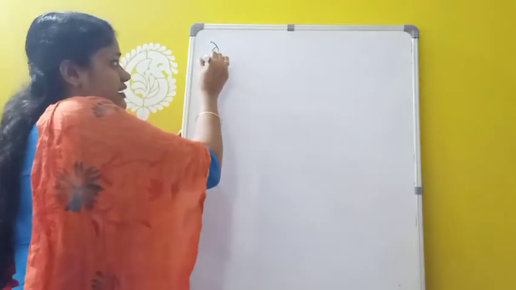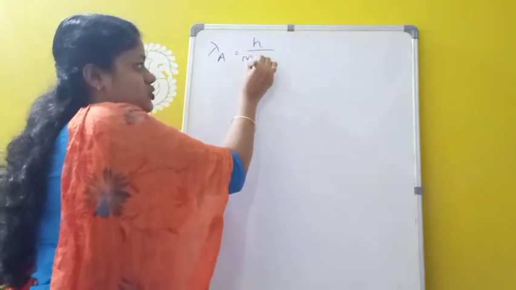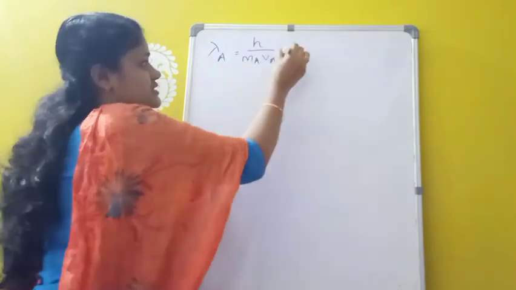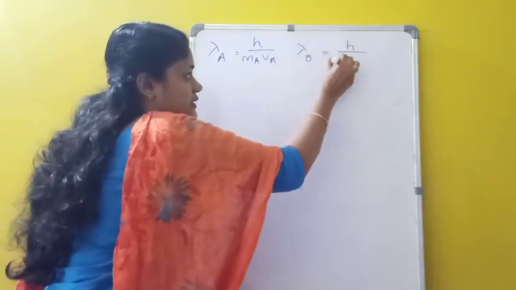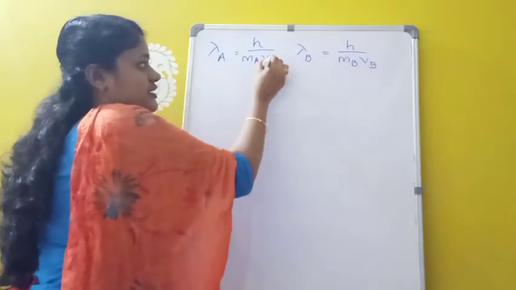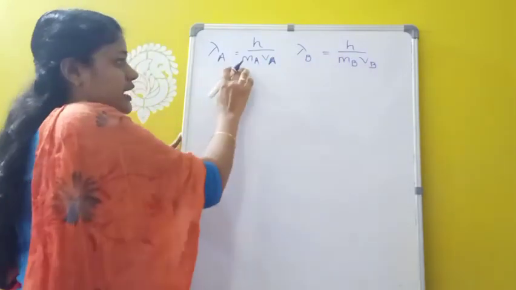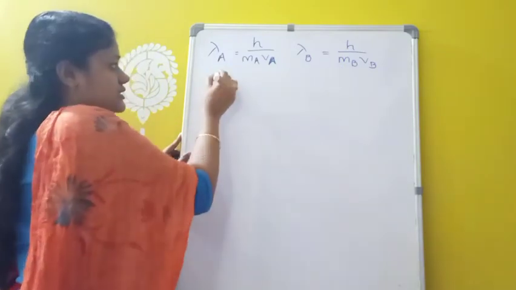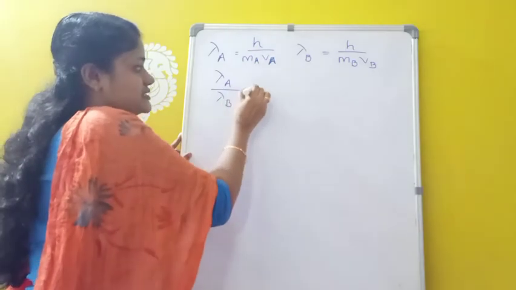Lambda A equals h by Ma into Va, and similarly lambda B equals h by Mb into Vb. Here Va and Vb are the velocities of particles A and B, and Ma and Mb are the masses of the particles.